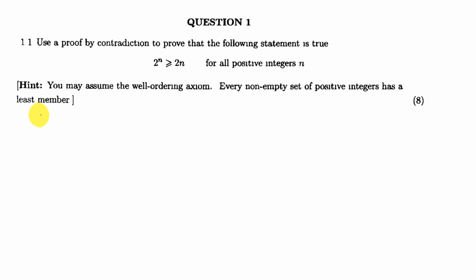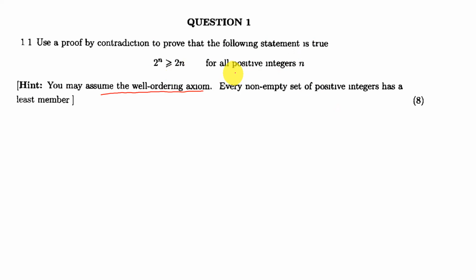Once again, it's a hint that you may assume the well ordering axiom. So we're saying use a proof by contradiction to prove that the following statement is true: 2 to the power n is greater or equal to 2n for all positive integers n.